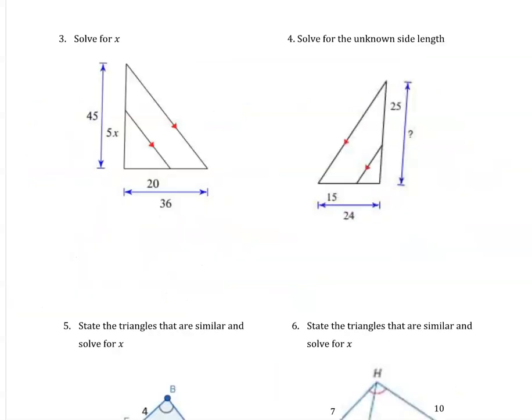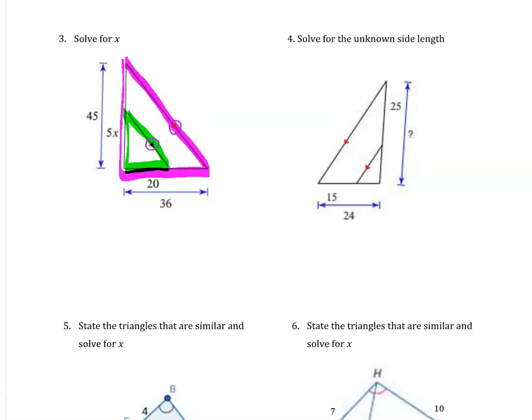All right, so now we're on the next page. So in questions 3 and 4, you guys will see that they're giving me parallel markers. Now just like what we did last unit in Unit 7 with scale drawings, this tells me then that I can compare the small triangle to the big triangle.